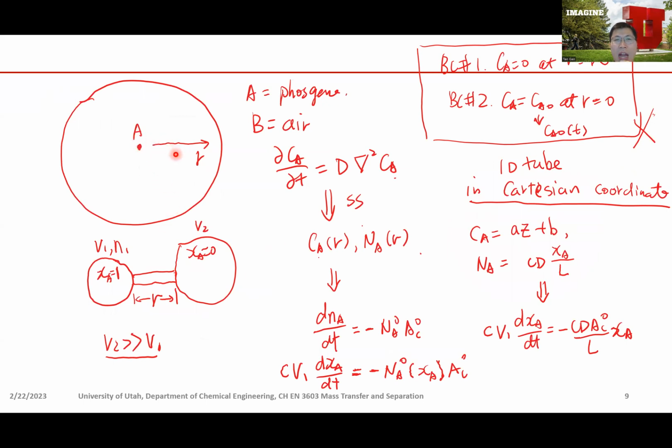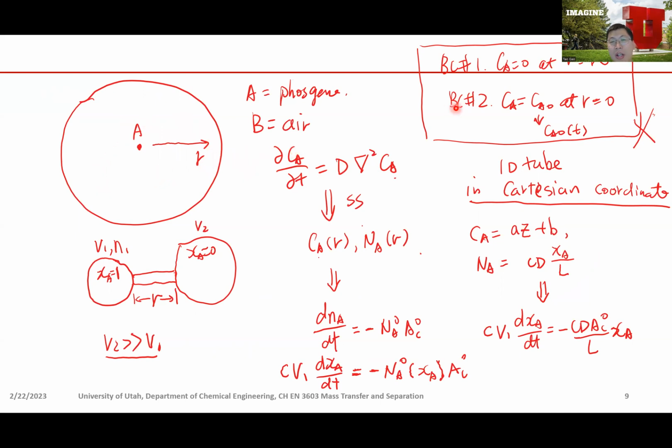Because there's no reaction and no flow, we can use Fick's second law. We can write down this equation in which A is phosgene and B is air. To solve this partial differential equation, we need one initial and two boundary conditions. The initial condition is that throughout the whole region the concentration of A is 0.